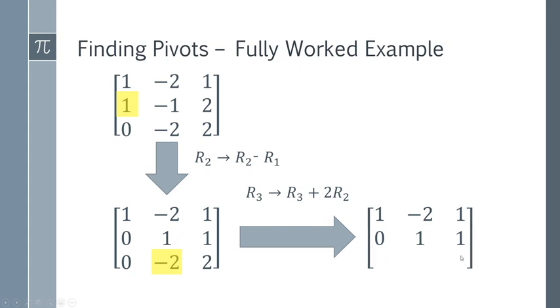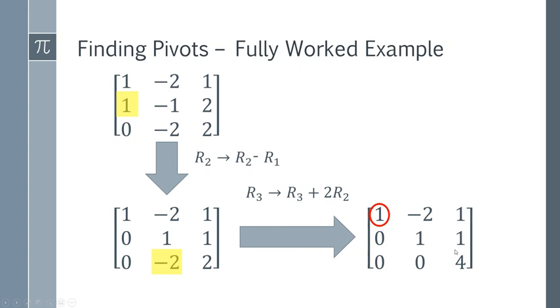So we've got this bottom row blanked out so we can work it out. So we're doing row 3 is becoming this plus 2 times the row above. That's giving 0. Minus 2 plus 2 times 1 is giving 0. And then 2 plus 2 times 1 is giving 4. And so this is now in row echelon form.